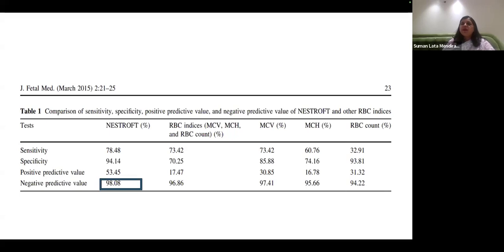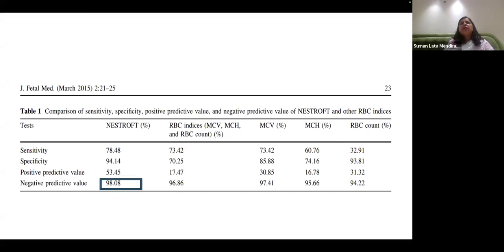In the periphery, in MCD, I started this screening program in 2008. We started screening school children and antenatal patients in maternity homes, and we started with NESTROFT only because there was no CBC facility available.